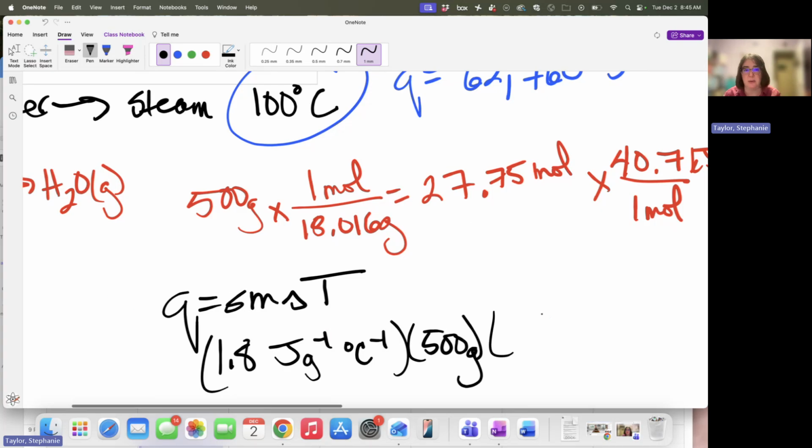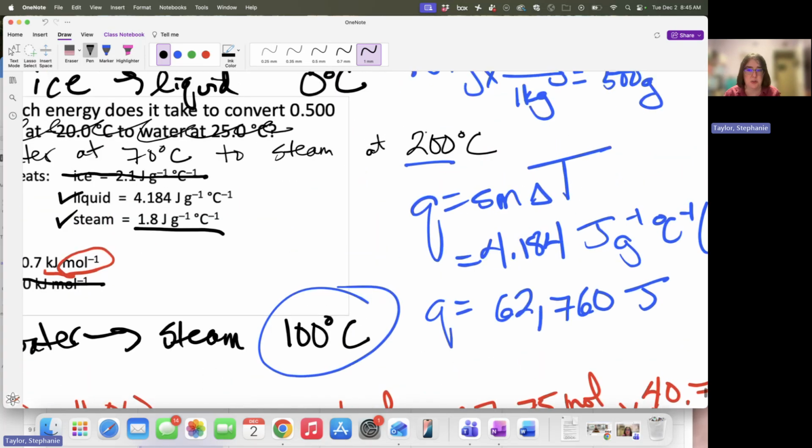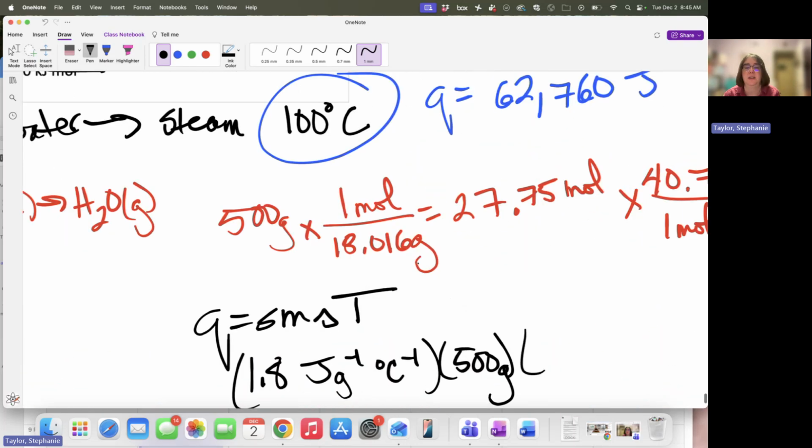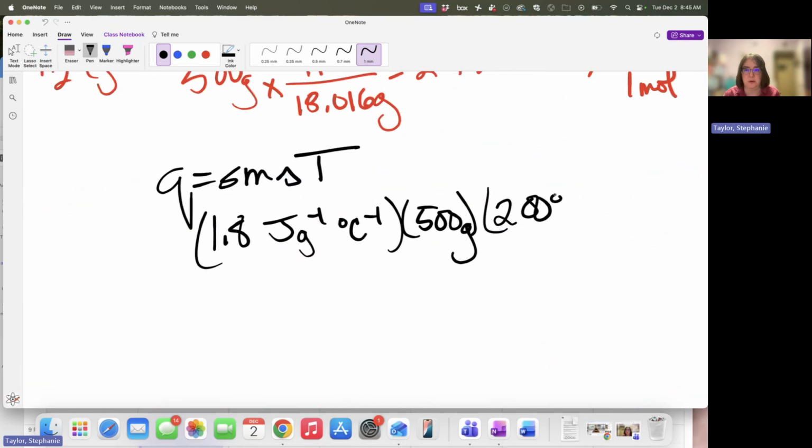My temperature change now, my final is whatever's in the problem, 200 degrees Celsius right here. And the initial is wherever I left off. So 200 degrees Celsius minus 100 degrees Celsius. So yes, I did pick some pretty round numbers to make my life a little easier. 1.8 times 500 times 100 as the change in temperature gives me 90,000 joules.